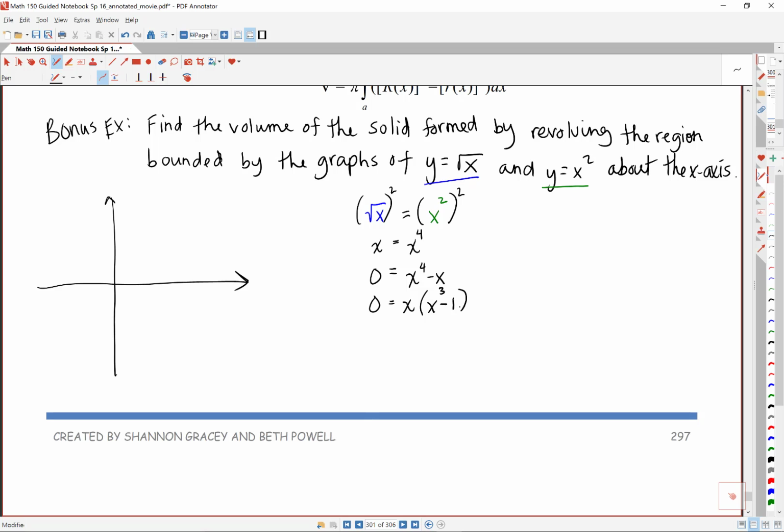So x is 0, or x cubed minus 1 is 0, which would give us x cubed is 1, which gives us x is equal to 1. So we know that our bounds about x will go from 0 to 1. And if I plug in a 0, I get an output of 0 on either graph. And if I plug in a 1, I get an output of 1 on either graph.